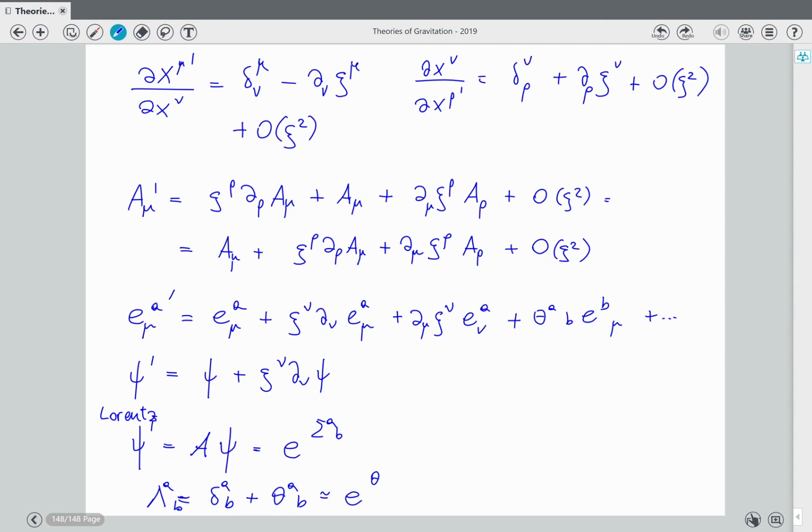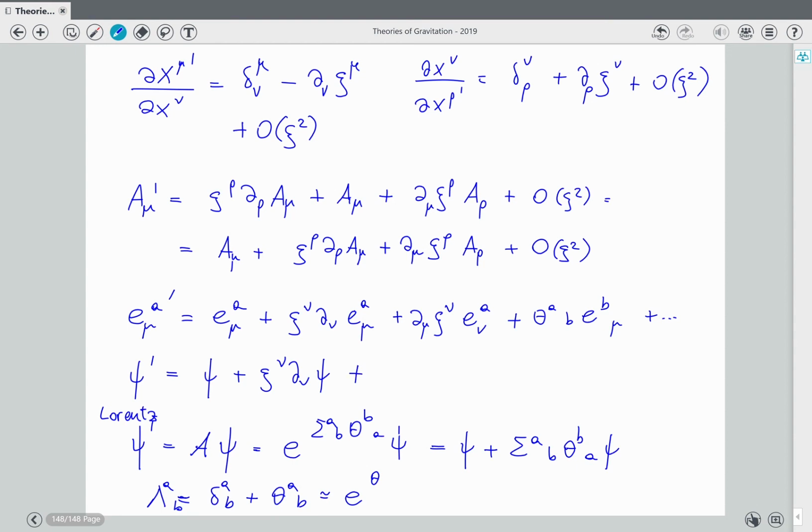So theta is the matrix we called T. And when you expand that to the first order, you get psi plus sigma A B theta, B A psi.